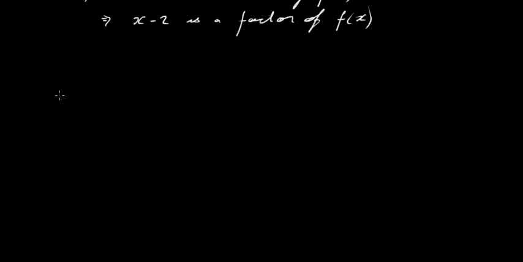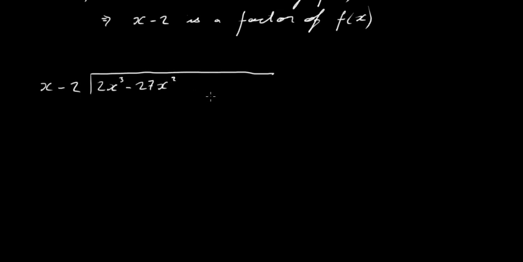So what we can do is take x minus 2, and we're just going to divide this into 2x cubed minus 27x squared plus 109x, and then minus 126.